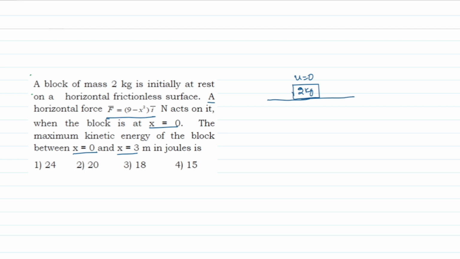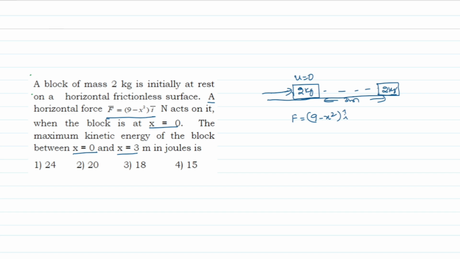The horizontal force acting is a variable force, given as F equal to 9 minus x square, acting along the x-axis. The block is displaced up to 3 meters distance.